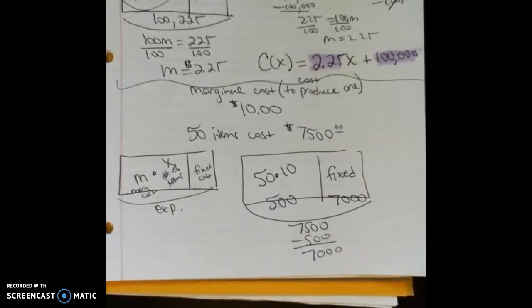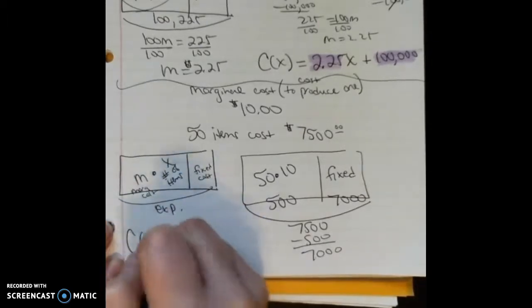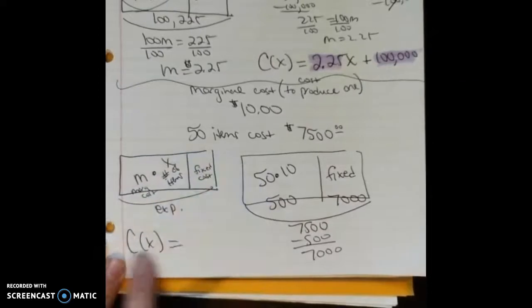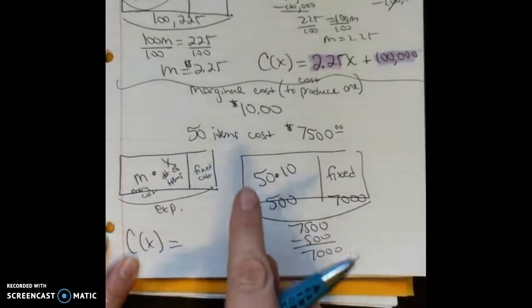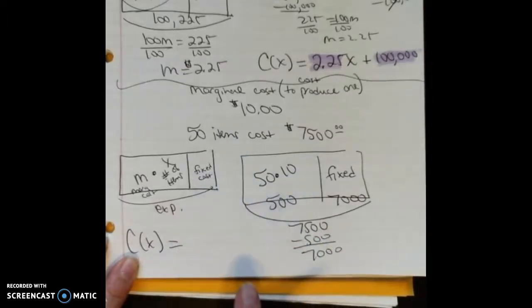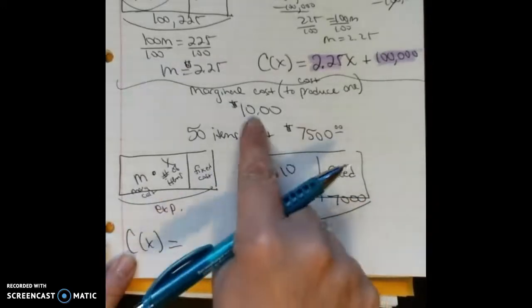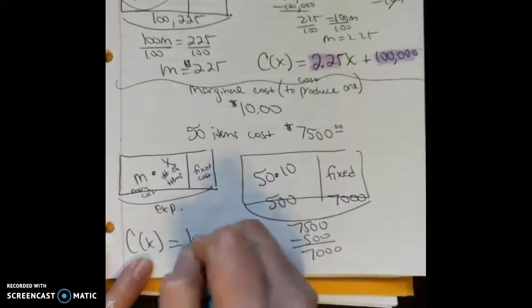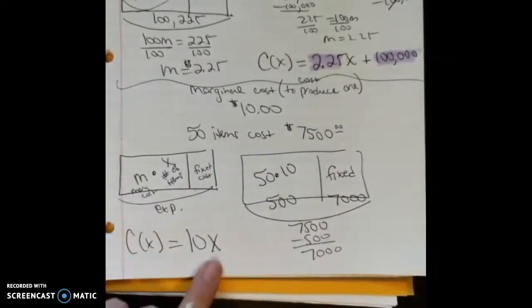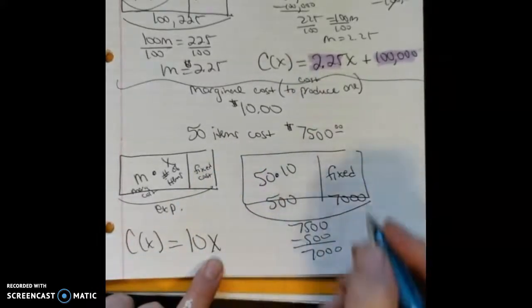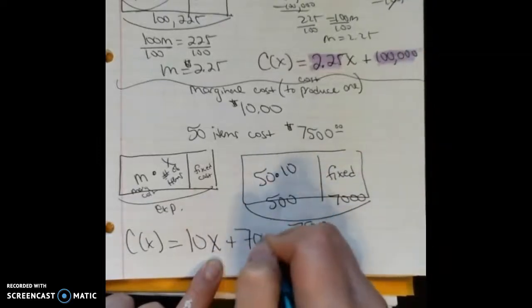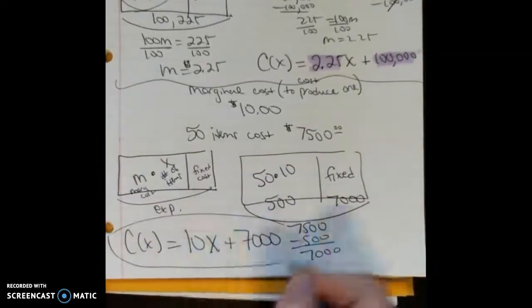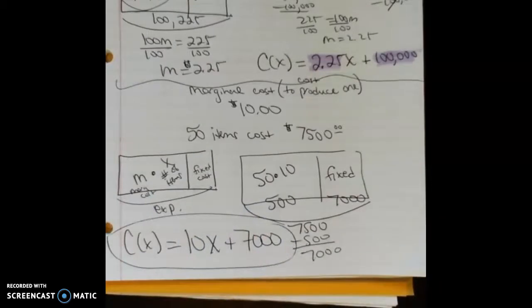All right, and so I can write my equation, and again, I'm going to use function notation, cost of X, and it is what? What's my marginal cost? Oh, there it is. Marginal cost is $10 per item, so times X, and then you have what? Plus 7,000, and there you go. Okay.